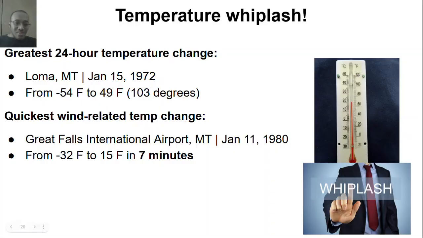And this ended up resulting in a wind-related temperature change from minus 32 degrees to positive 15 degrees in 7 minutes. So just a reminder of how strong these winds can be at changing the air around you.